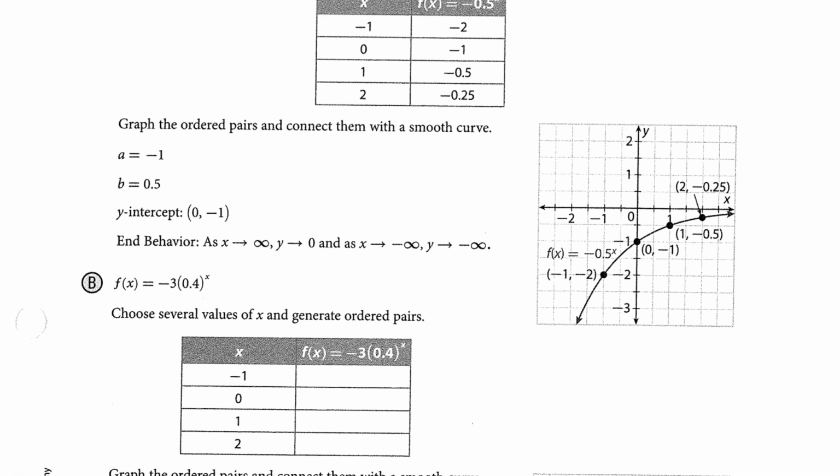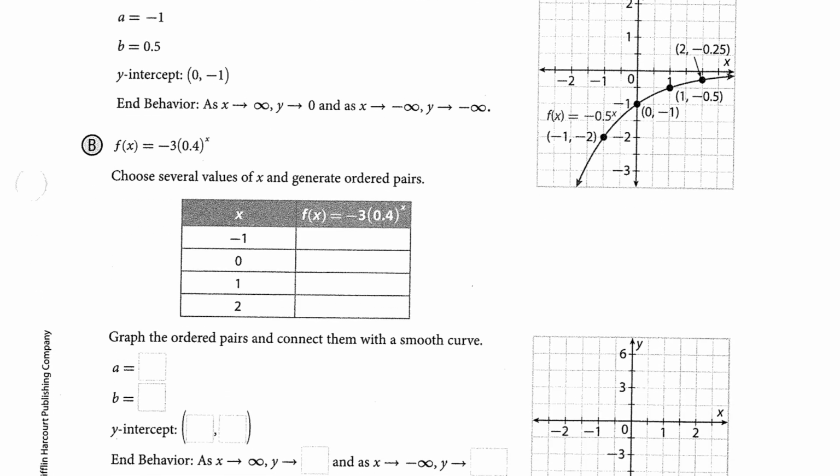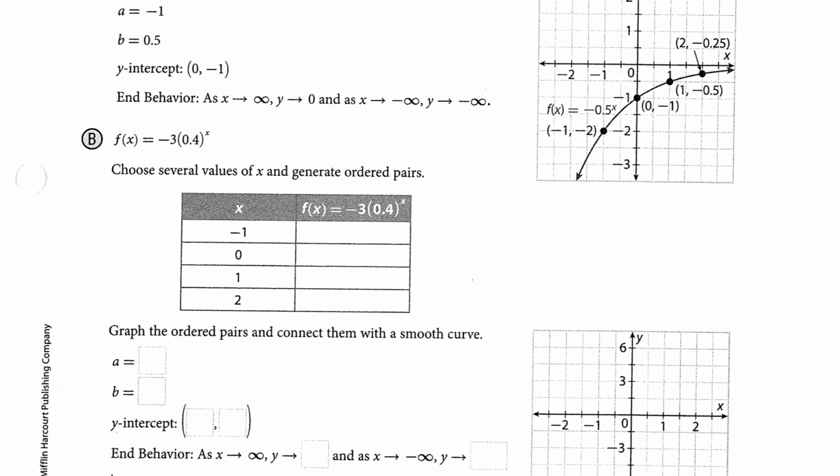F of x equals -3 times 0.4 to the power of x. Choose several values of x to generate ordered pairs. -3 times 0.4 to the negative first power. Again, you can plug these into your calculator if you'd like, or you can do them by hand.